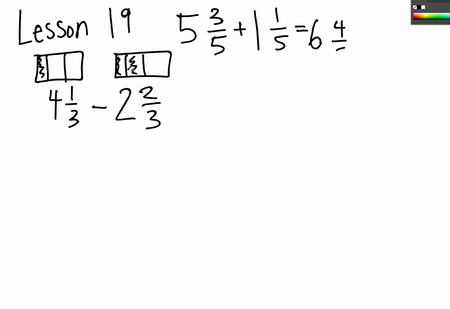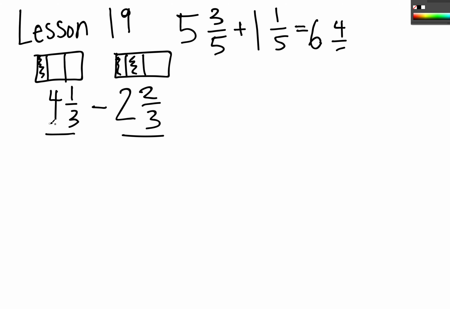So I cannot subtract this from here because this is less. And so we've got to do a process that's going to help us to be able to properly subtract these two mixed numbers. So first, as we said, I can't subtract 2/3 from 1/3. So 1/3 minus 2/3 I can't do.